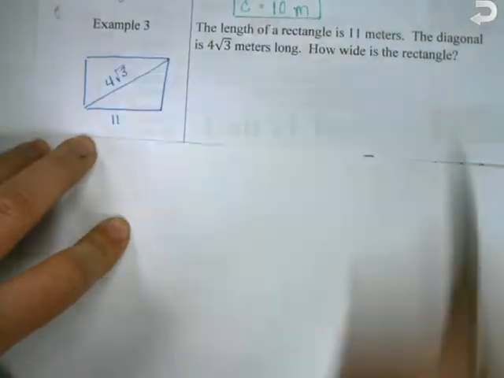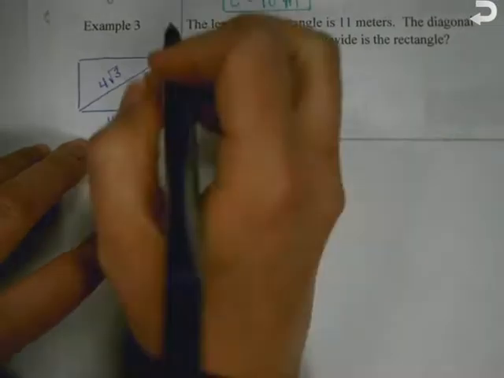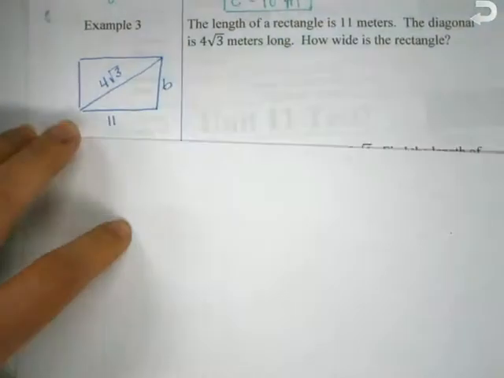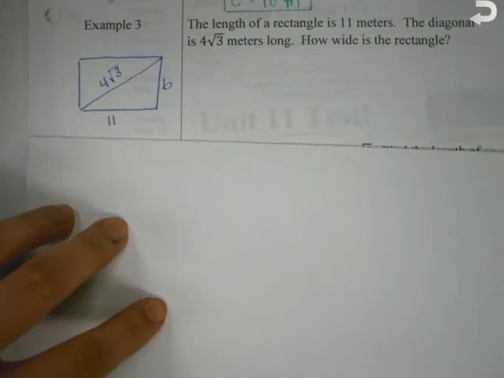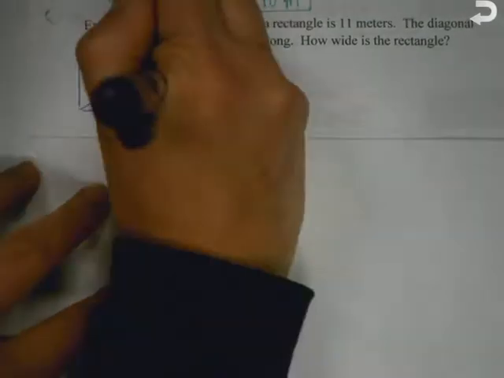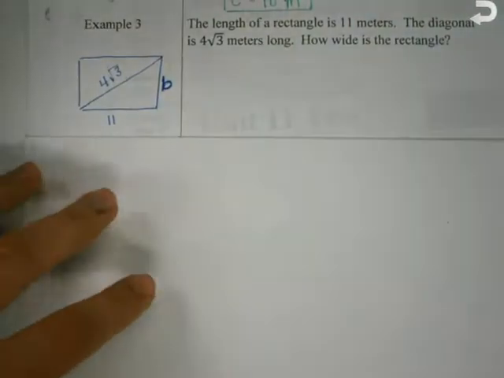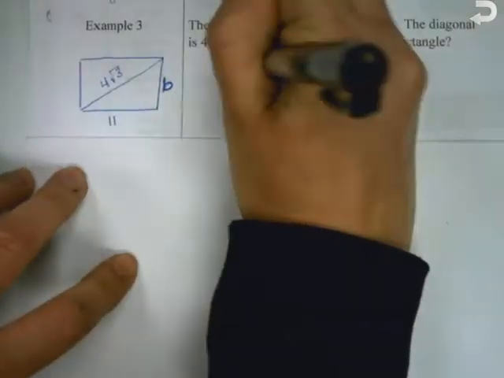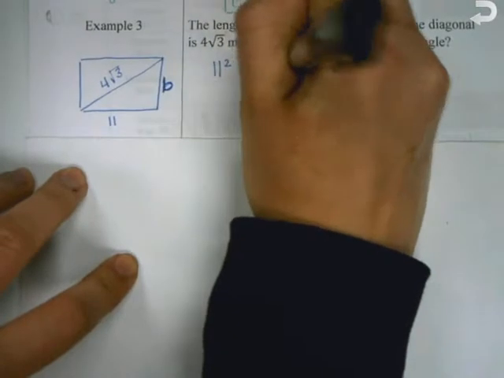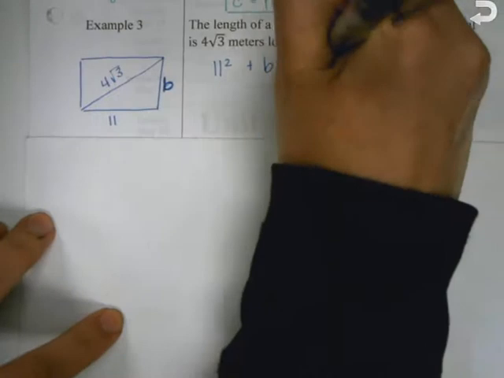How wide is the rectangle? So this time we're looking for A or B, whichever one. It's a B. Okay, so let's plug it in. 11 squared plus B squared equals, in parentheses, 4 root 3 squared.